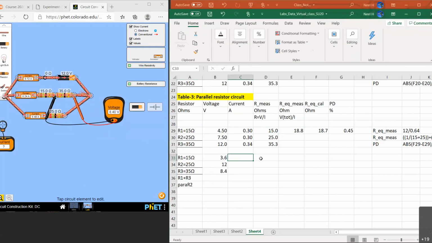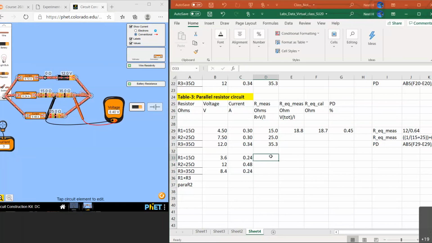Then we need the current across R1, which is 0.24. Current across R2, which is on the third line, 0.48. Current across R3, which is now again on the second line, is 0.24.